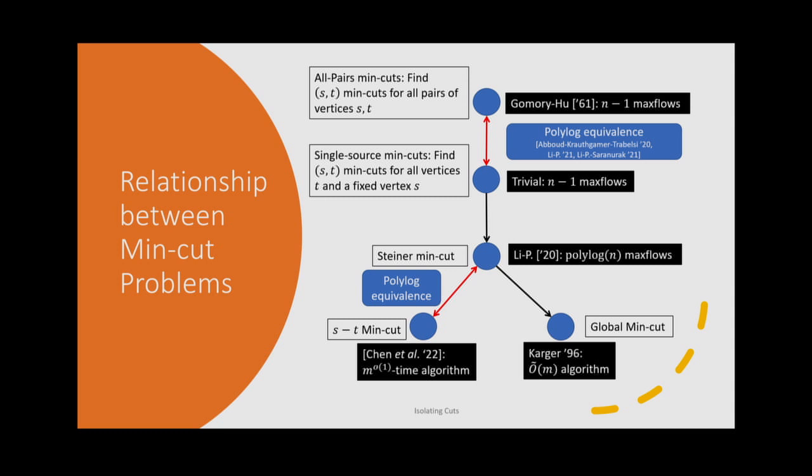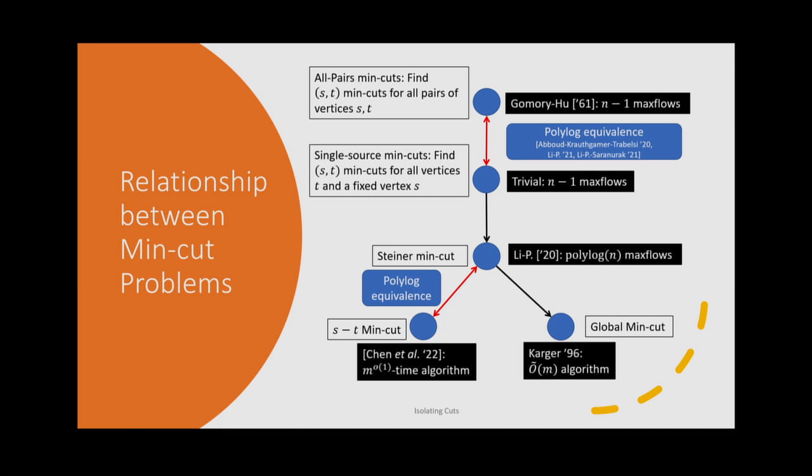This is similar to saying that the ST min cut problem and Steiner min cut are equivalent up to polylog factors. The bottom equivalence was shown through isolating cuts. I showed it at the beginning. Now we know that the problems on top are also equivalent. So if you can solve single source min cuts, you automatically solve all pairs min cuts. You just lose polylog factors.